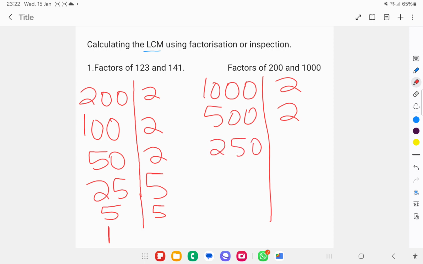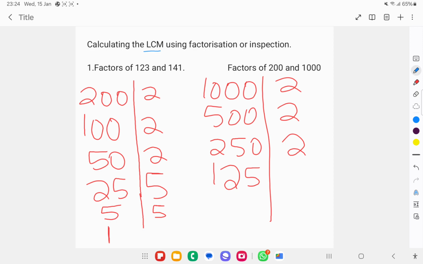Now what is the lowest prime factor that can divide into 250? It's 2. So we're dealing with even numbers here, and 2 can go into 250, but how many times? 125 times.